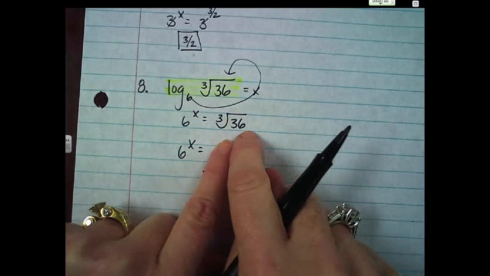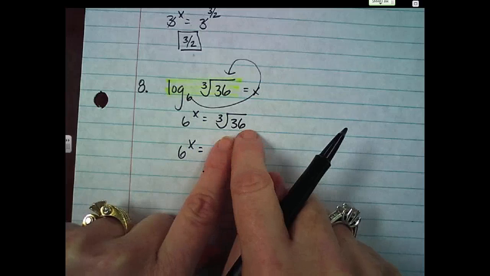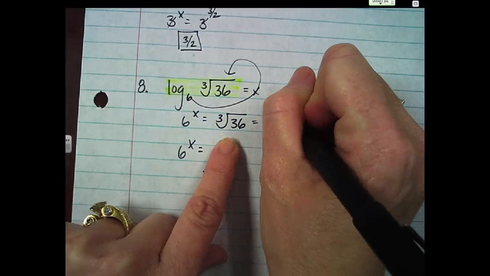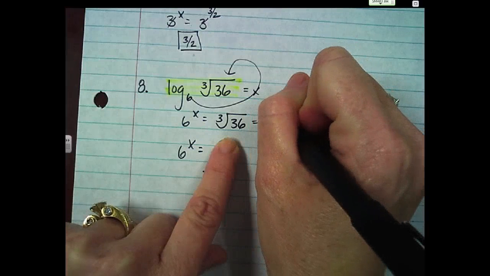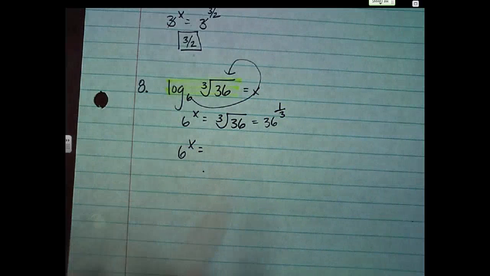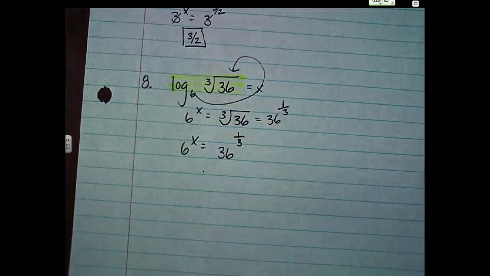Okay, now when you get to 36, this is the same thing as 36 to the what power? 1 over 3. Right? So now I have 36 raised to the 1/3. Can I rewrite 36?